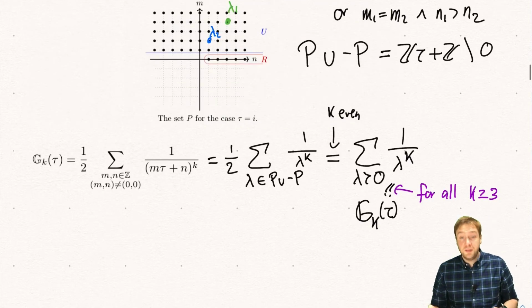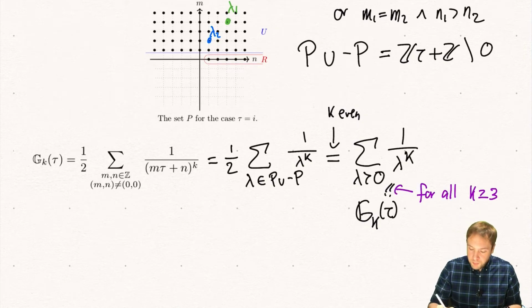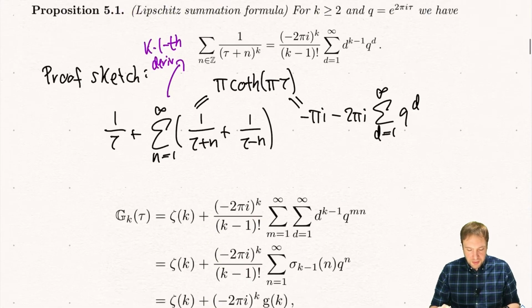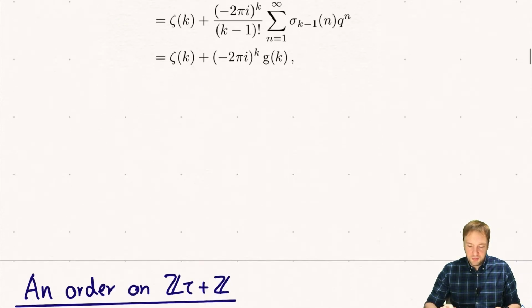And this doesn't vanish anymore for odd k's. We also see that this calculation of the Fourier expansion still works with the same argument, because we can again consider the case when m equals 0 and when m is positive, and we can use exactly the same formula.